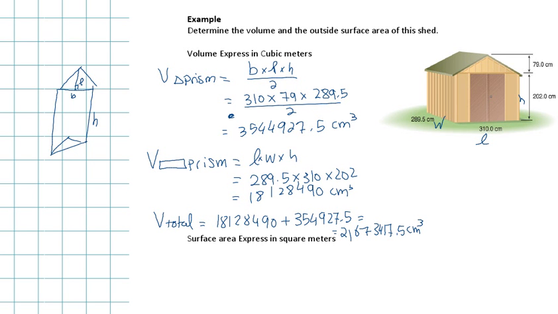Can you just come back to that diagram, with respect to the triangular prism?